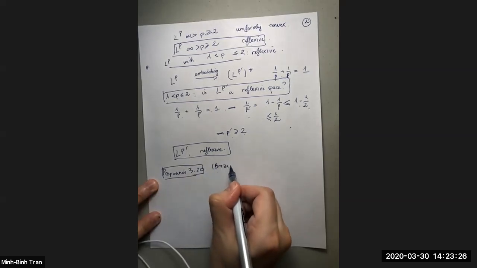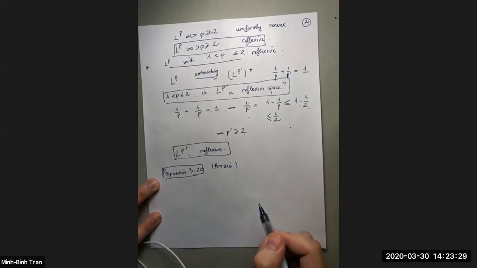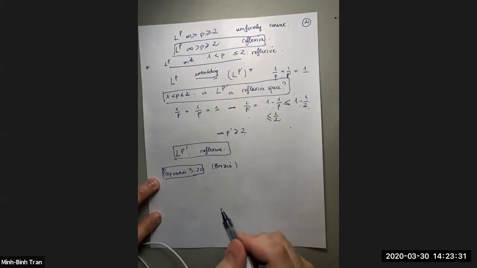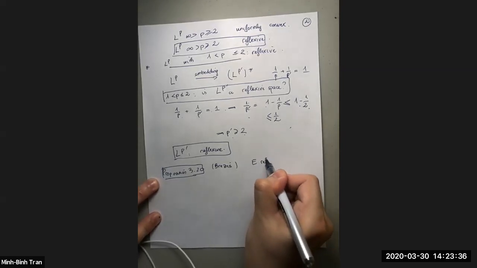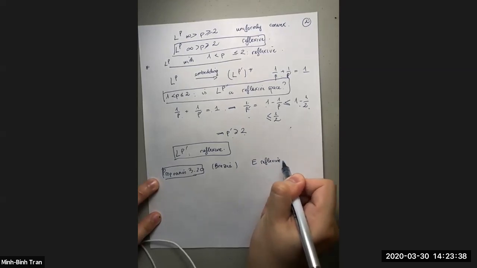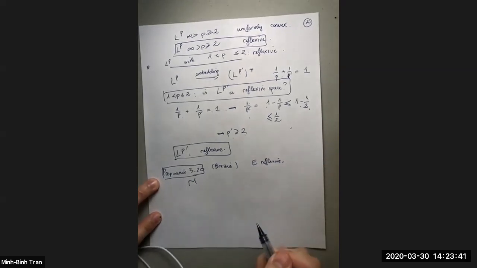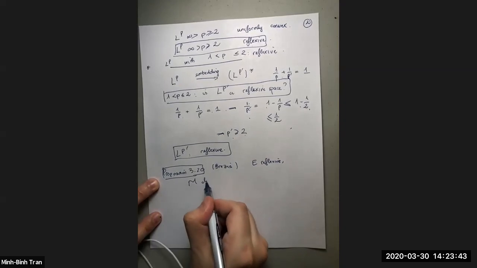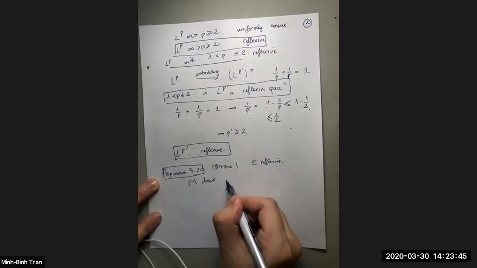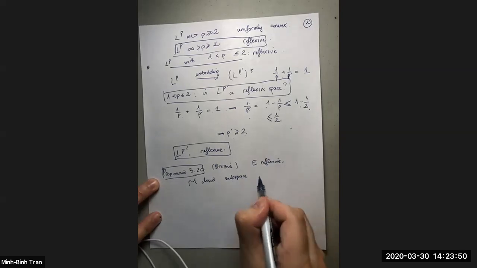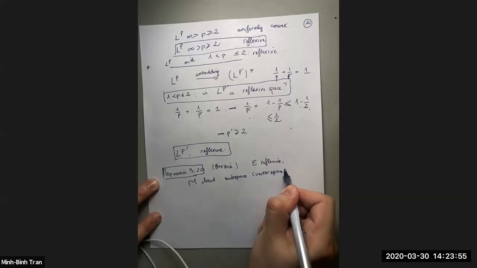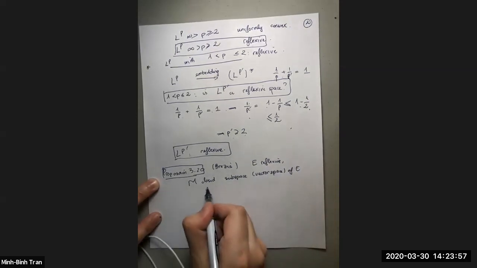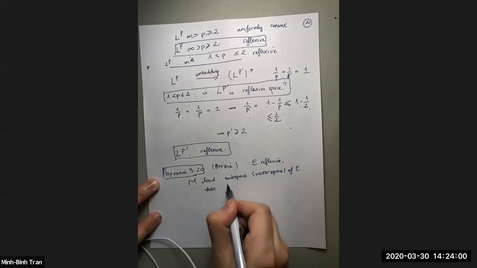I mentioned this proposition in one of our lectures. This proposition says that if E is reflexive, and if M is a closed linear subspace, a vector space, of E, then M is also reflexive.